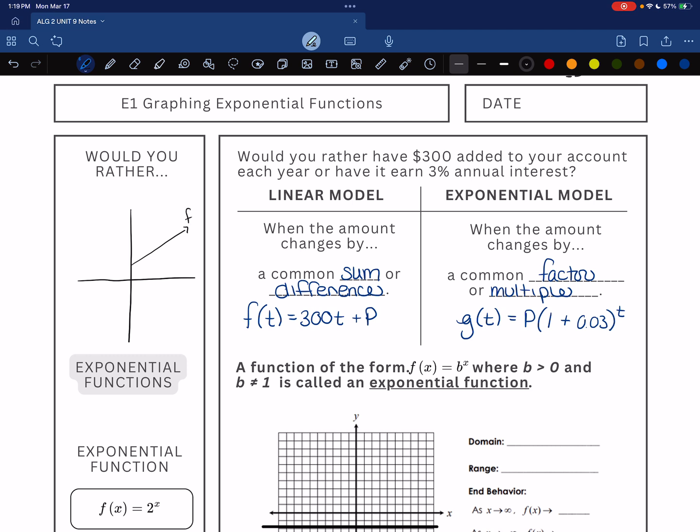And your g function is going to start also at that initial amount, and then it's going to grow more slowly, but then something's going to happen and it's going to really take off exponentially. So which one's going to be better for your account? If you haven't guessed it, it's going to be g. You would like to earn interest over time more than just adding the same amount each year.